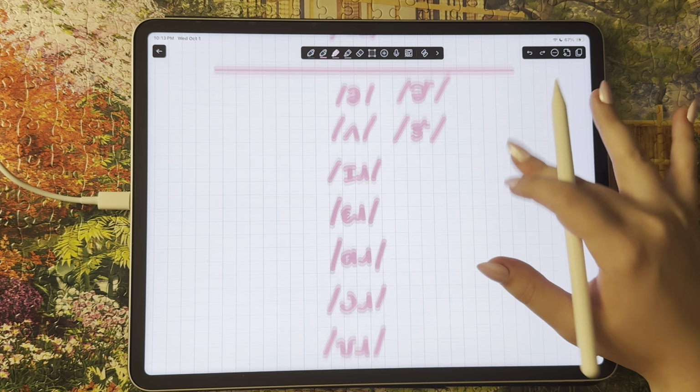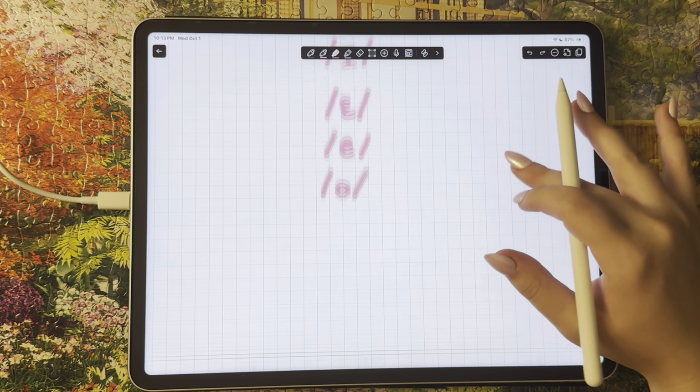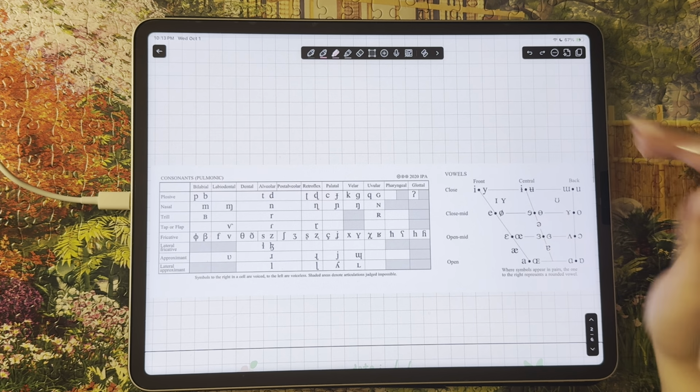I think that is all for today. I'll bring it back up to here.